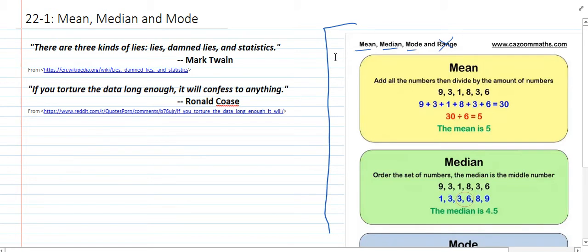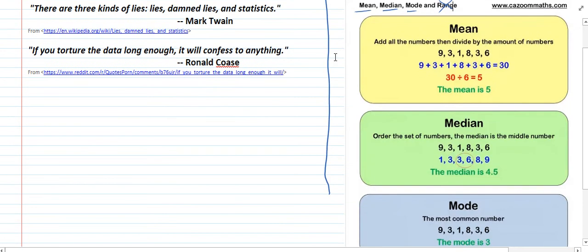We're going to talk about how we get them, and which ones we should use. They're all three used to figure out something that we call central tendency. So in statistics, we want to find how our numbers centralize themselves.